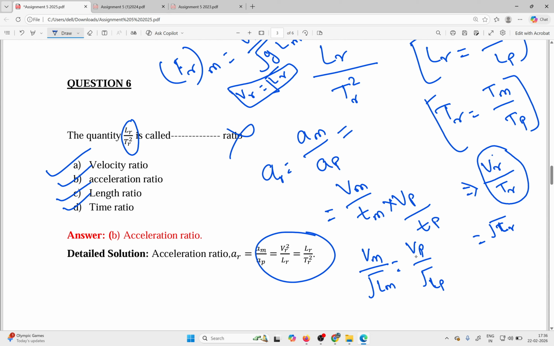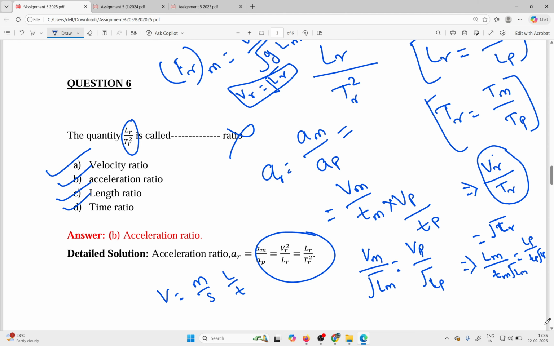If we write in terms of time, velocity is nothing but meter per second, so L by T. At the place of V, we write Lm by Tm over root Lm is equal to Lp by Tp over root Lp.